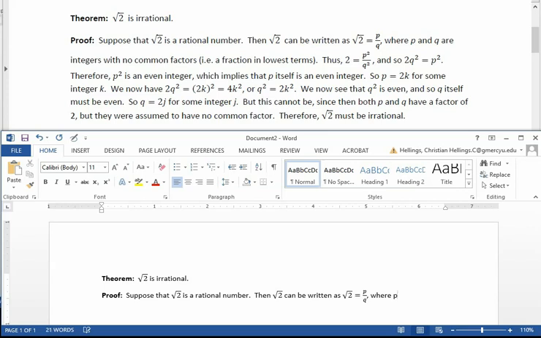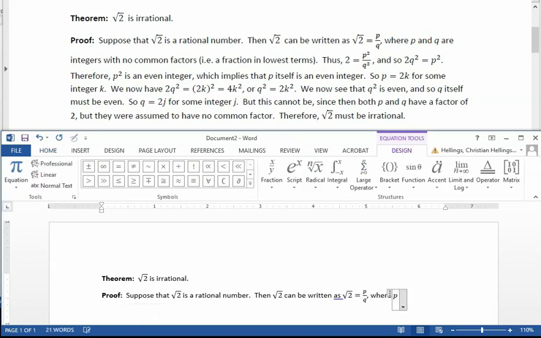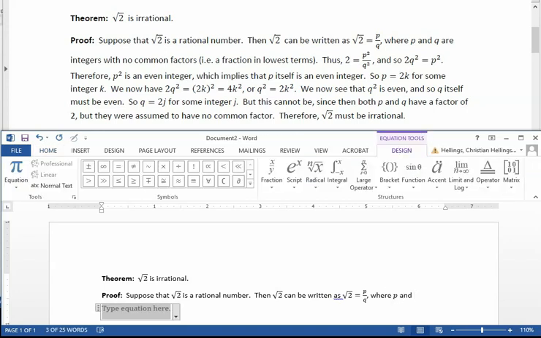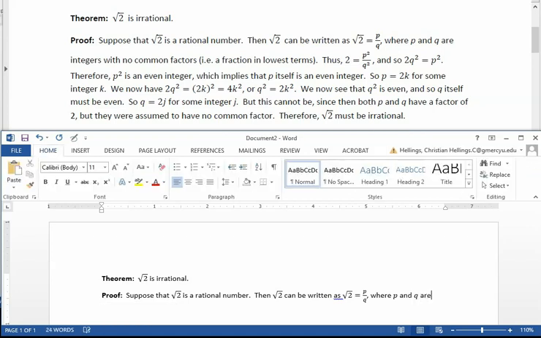So instead of just typing P and Q, what I'll do is I'll go Alt equals P, right arrow key, and Alt equals Q, right arrow key, are integers, no common factors, i.e. a fraction in lowest terms.